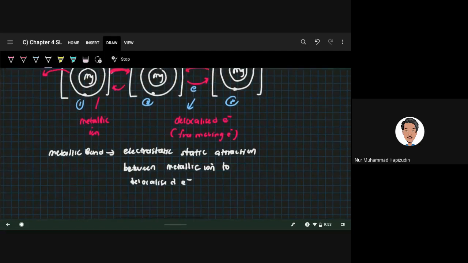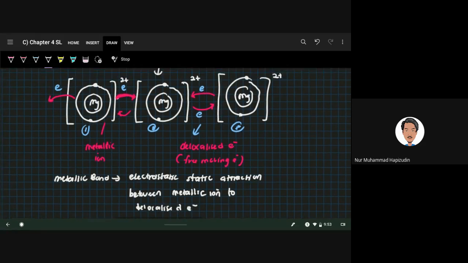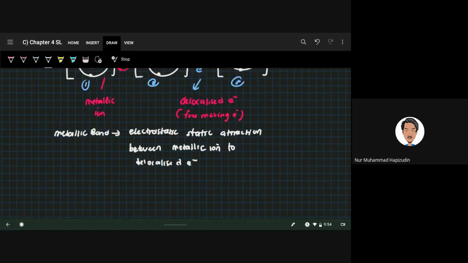This attraction are very strong. Okay, more stronger than hydrogen bond, London force, or dipole force. Very strong because this is metal. Okay, definition dia tambah sikit lagi. Between metallic ion in lattice structure. Okay, sikit lagi kita nak habiskan.